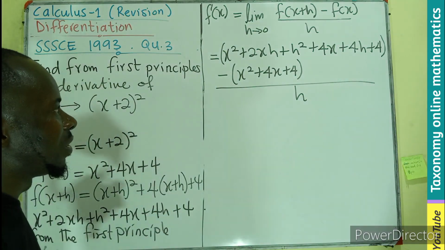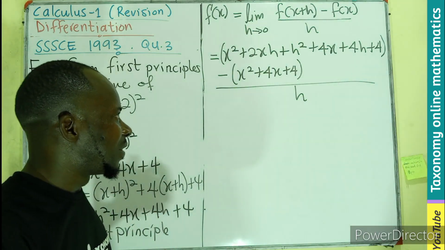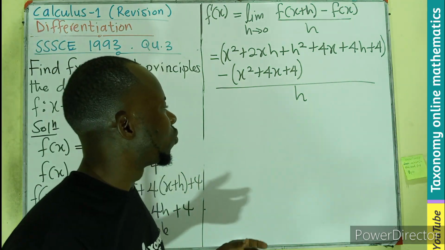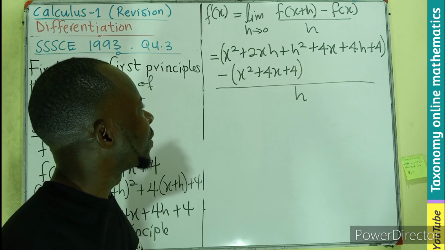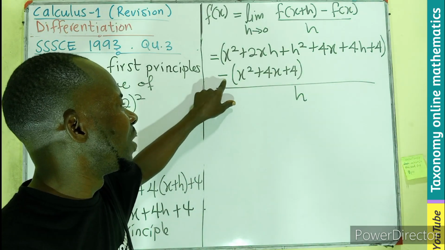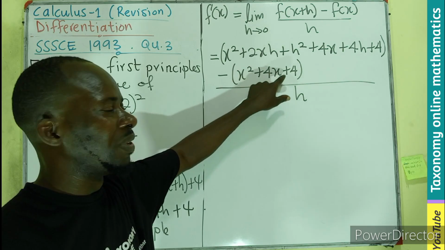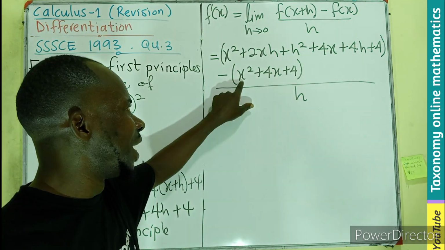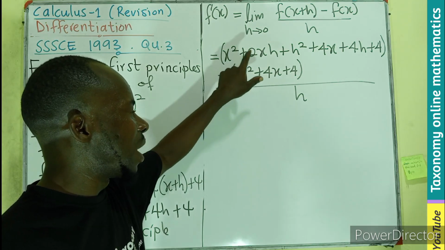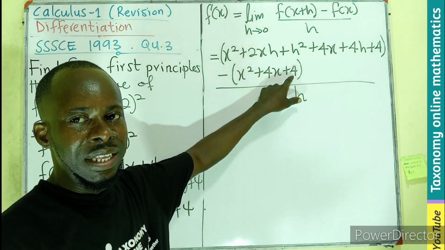I think we don't have the space in there. Now let's do some cancellation as possible so that we can have enough space to write. I see this negative is having effect with all the terms in the bracket. So meaning this is going to be negative x squared, negative 4x, negative 4.